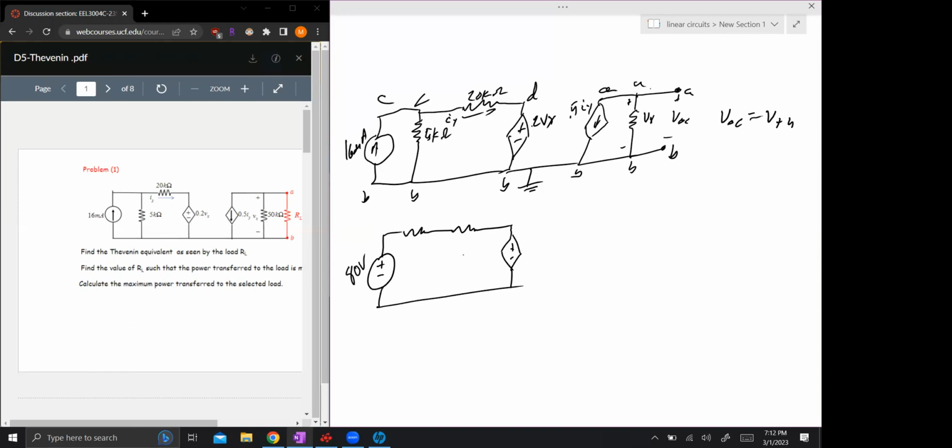The way I kind of think of source transformation is that although you're somewhat changing the circuit, as far as what I've been able to tell, it's almost like you can keep the signals, like the signal current or VX. It's still the same circuit in a sense.